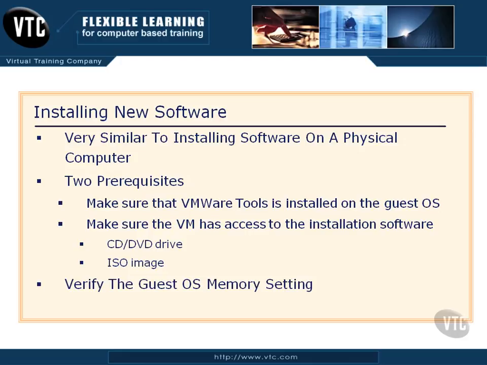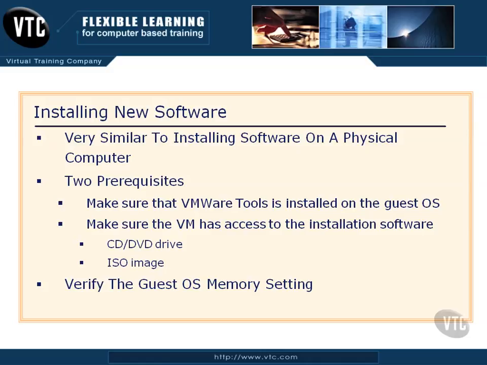We also, and this is very important, now we're getting into that area where I'm going to save you some time, verify your guest OS memory settings before you start to install software. Now it's not unusual, I've done this many times. I just grab some software, I install it into the guest OS, then I open the software up and it seems to be running kind of clunky, and so I go back out, I go add more memory to my guest operating system.